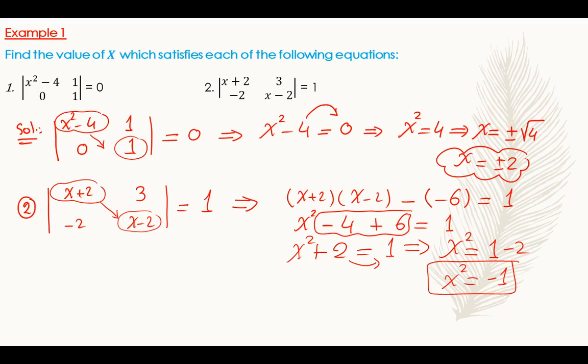Take care. If he asks you to find the value of x in the set of natural numbers or in the set of real numbers, then x will be equal to 5. But here we have x to the power of 2 equals negative 1. So x will be equal to positive or negative the square root of negative 1. We all know that the square root of negative 1 equals positive or negative i.